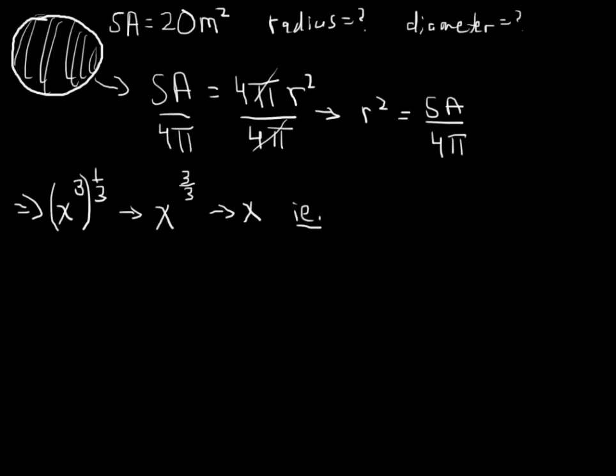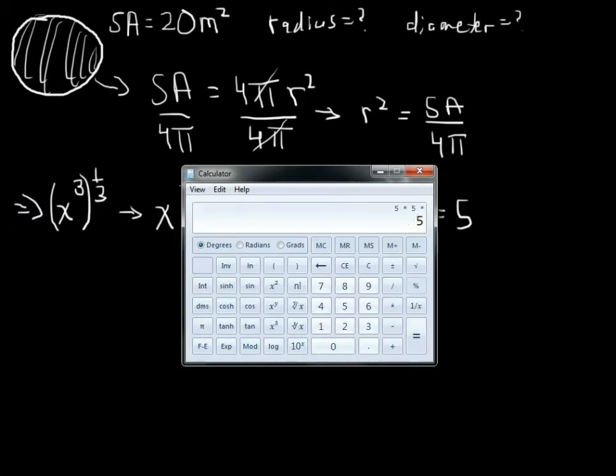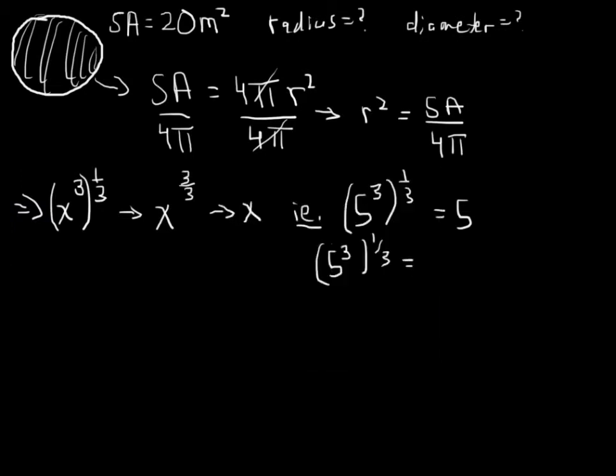And you can check this by taking 5. So 5 cubed to the power of 1/3 is really 5. How can we check this? First we'll take 5 cubed. 5 times 5 times 5 is 125.